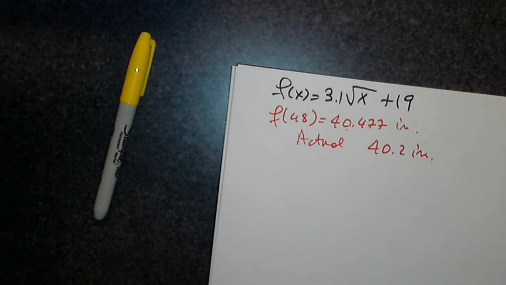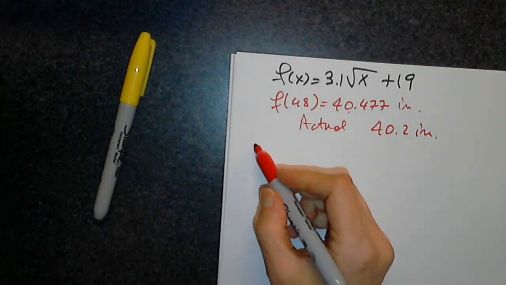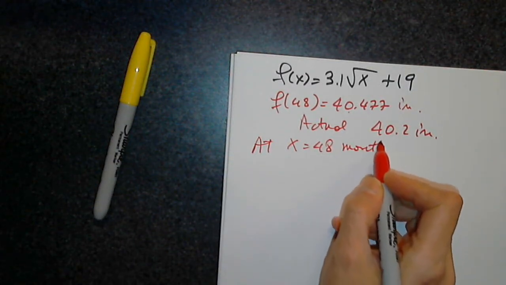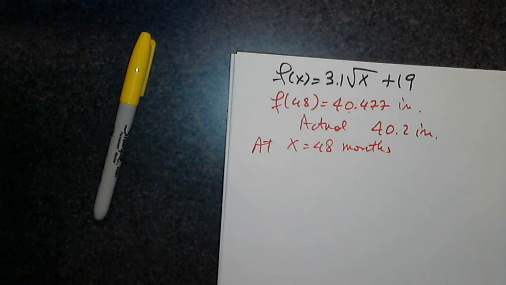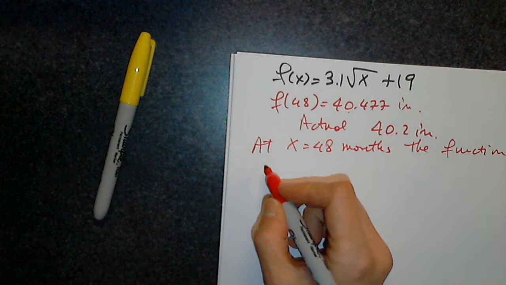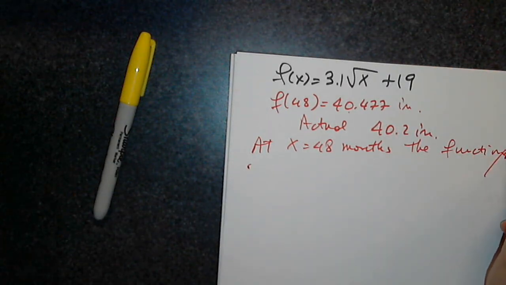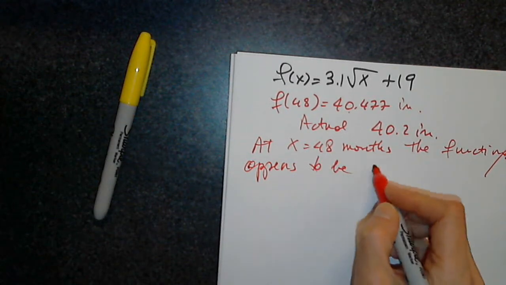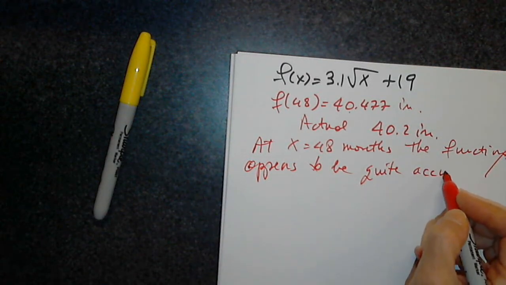Is this a good representation or not so good? It's pretty accurate. I have no idea outside of that, I have not checked. So the correct answer would be: at x equals 48 months, the function, or the model in other words, appears to be quite accurate.